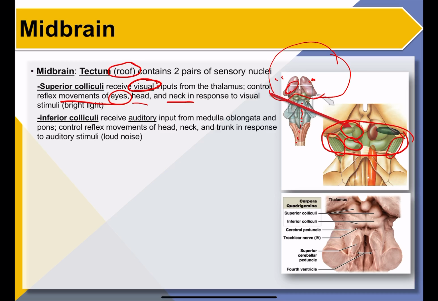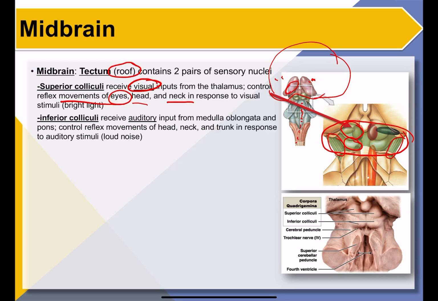Ooh, where's that light coming from on the right side? So those are those reflexes that are made possible by your midbrain, because your visual input is coming as a stimulus and you want to act as a response, okay?